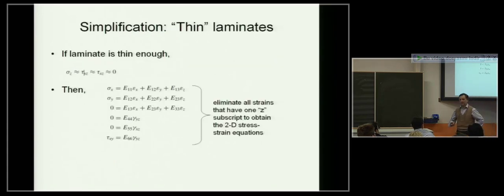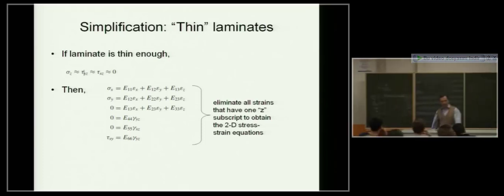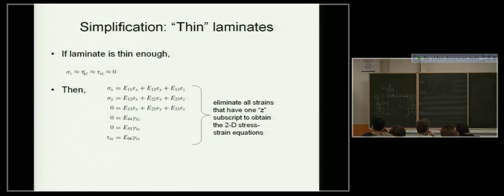Now, if the laminate, the stack up of plies, is thin enough, then we make our first biggest and most important assumption for the entire course, which we will actually revisit later on. The assumption that through the thickness there are no stresses. Basically, we say that I have a thin plate. At the top of this thin plate, I have 0 stresses because there is no stress applied. At the bottom of this plate, I have 0 stresses.